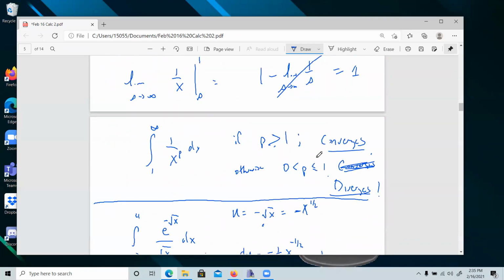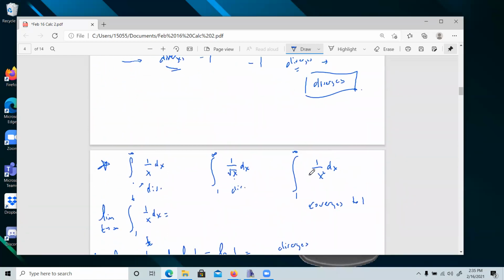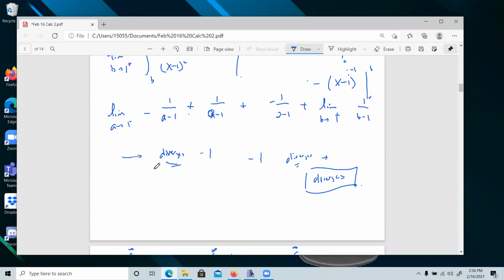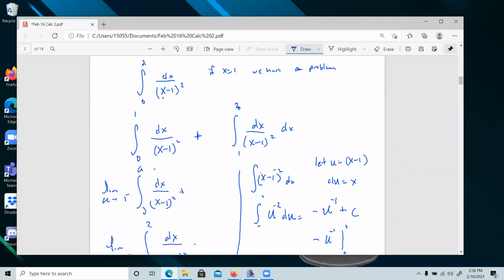That's an important result. The other thing you have to be careful of is, like I said, be cautious of this. Your homework doesn't have a whole bunch of these, but they do pop up, and they will bite you when you least expect it. So if you have one of these that are kind of in the middle, you have to be careful.